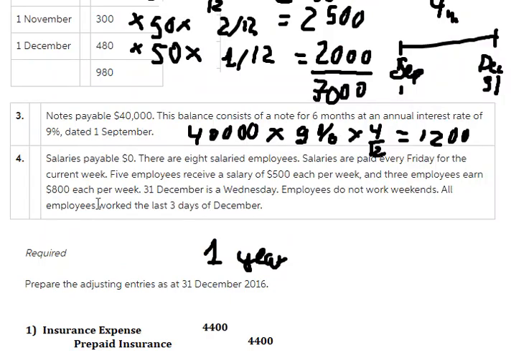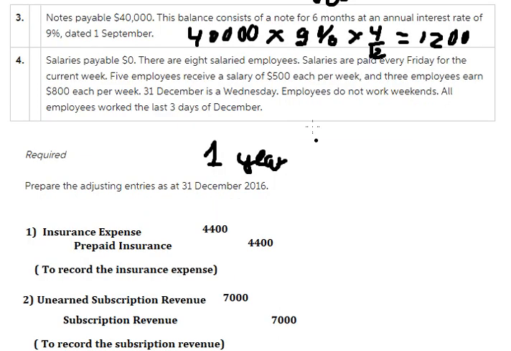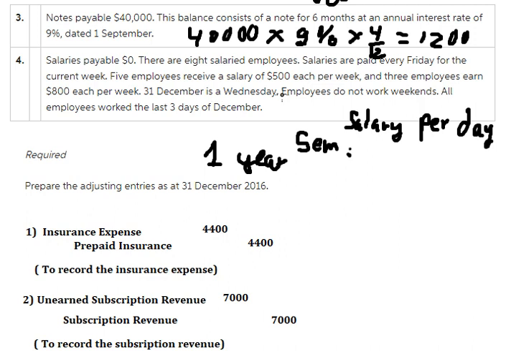And the last one, we have the salaries. So the first thing, if we analyze this one, we need to find the salary per day for 5 employees and 3 employees in here. So we calculate it this way. For 5 employees in here, we have $500 per week.